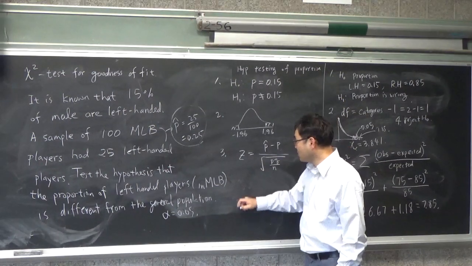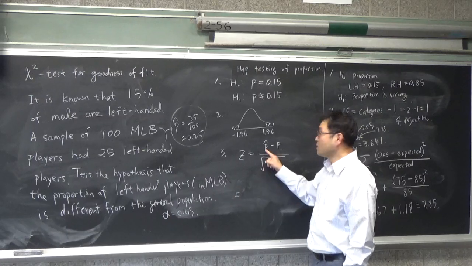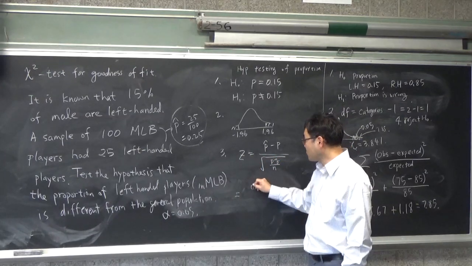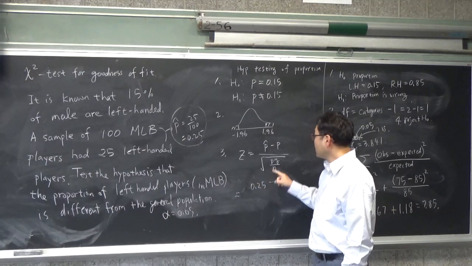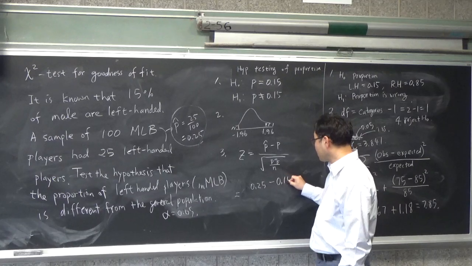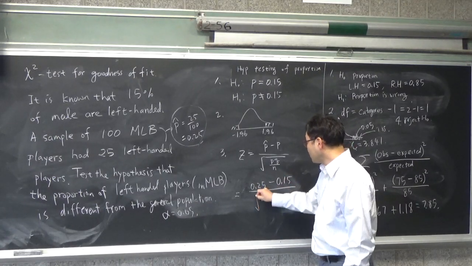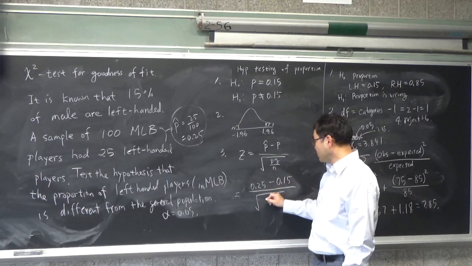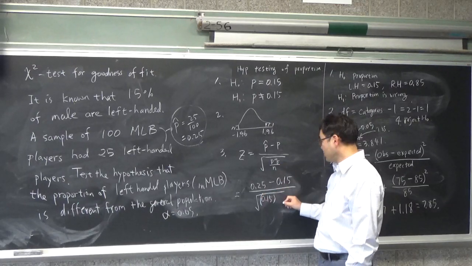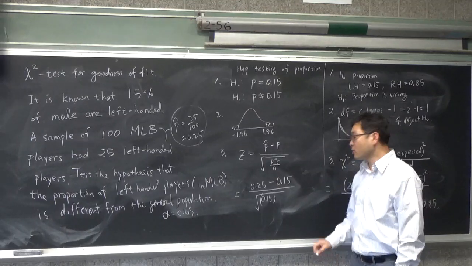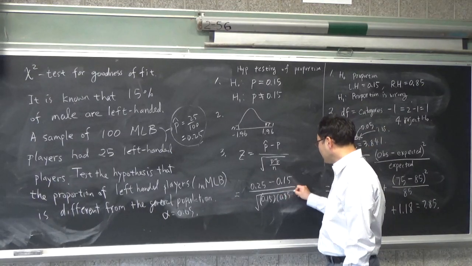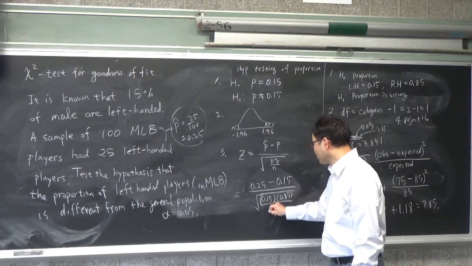Now, just out of curiosity, let's go back to this one. How do we do this one? P hat is our observed probability, which is 0.25, minus the population probability, which is 0.15, over the square root of P times Q, where P is 0.15 and Q is 1 minus 0.15, 0.85, divided by 100.